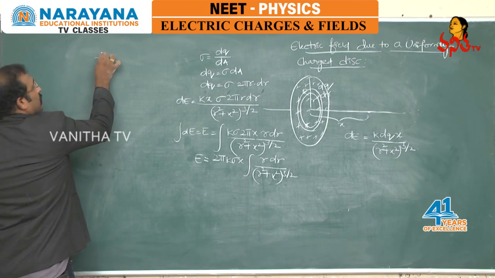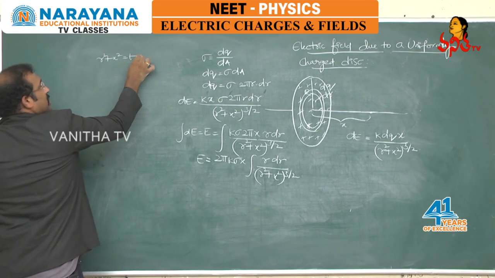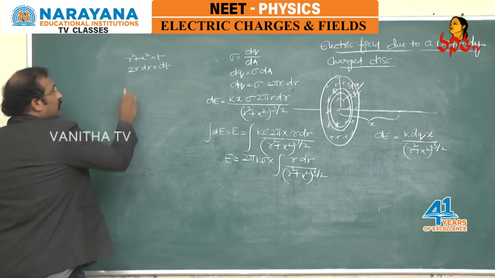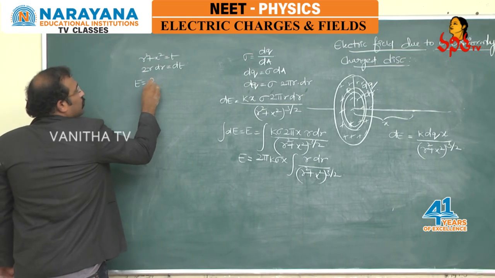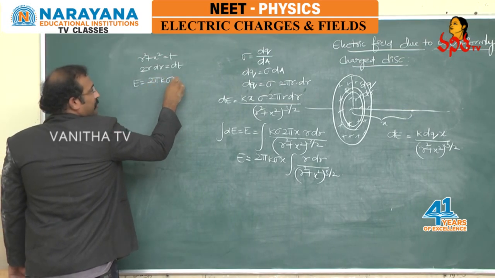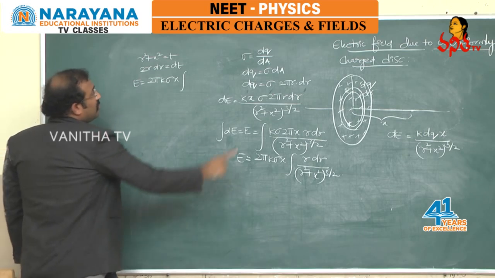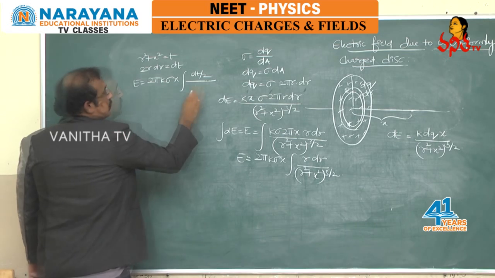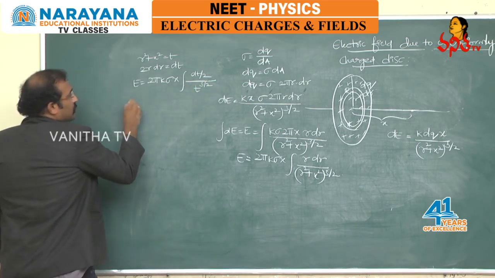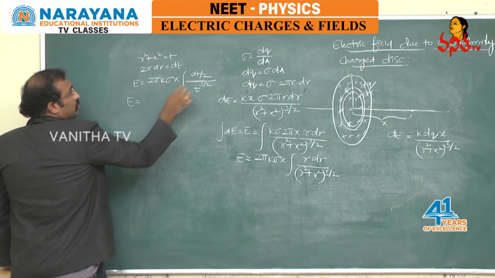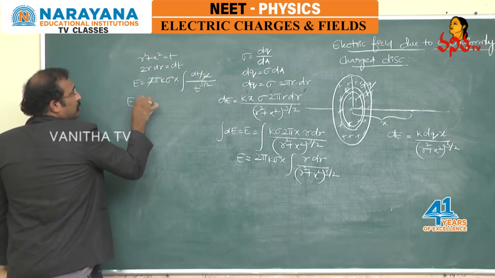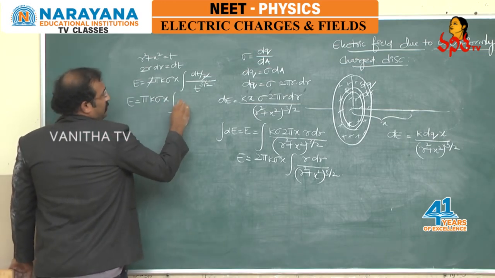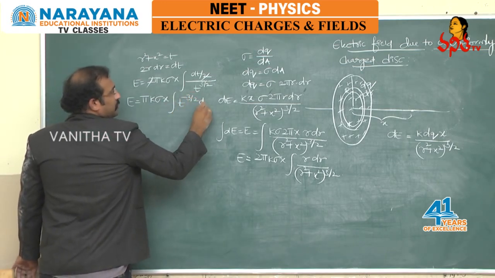Now I am considering r square plus x square is equal to t, so 2r dr is equal to dt. Now E is equal to 2 pi k sigma x integral of r dr, which is dt by 2 by t power 3 by 2. The 2 will get cancelled out. Pi k sigma x integral of t power minus 3 by 2 into dt.